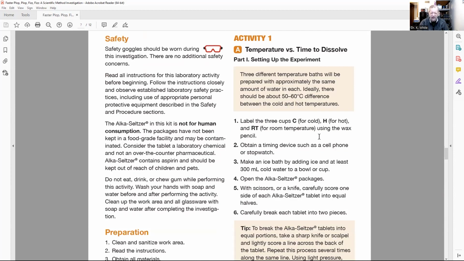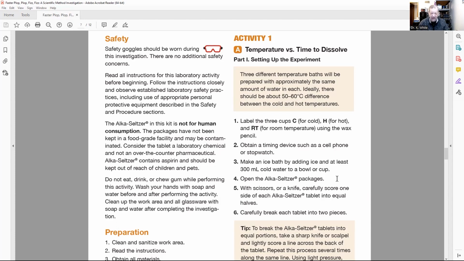Now, what you're going to do is label 3 cups, C for cold, H for hot, and RT for room temperature, using your pencil. Next, you'll need a timing device, your cell phone, or a stopwatch.